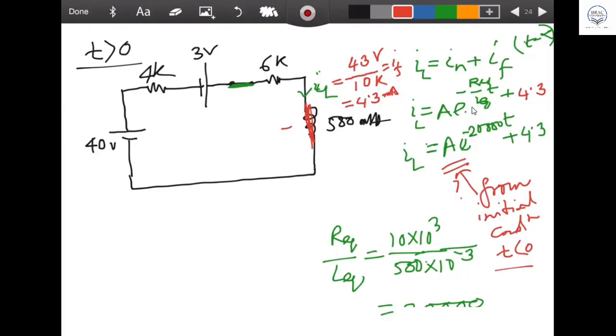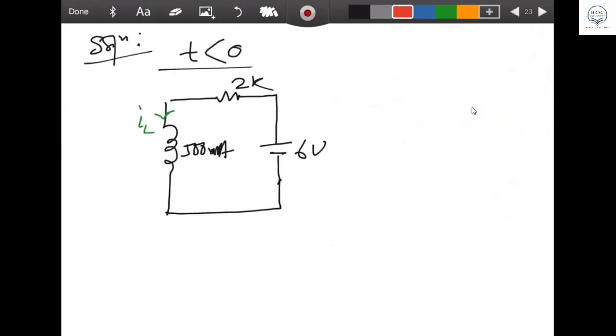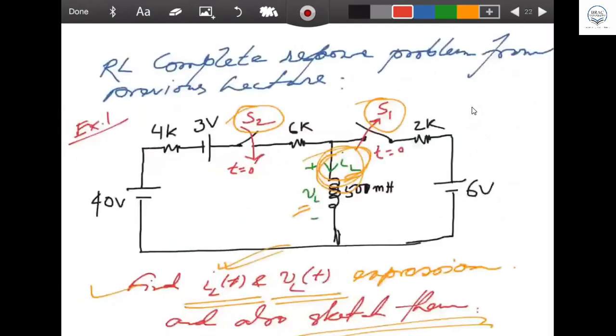Whatever IL you get from here, that is your initial condition. So let's come here. What is the IL for this case, t less than 0? In the question, for t less than 0, switch S1 was closed for a long time.